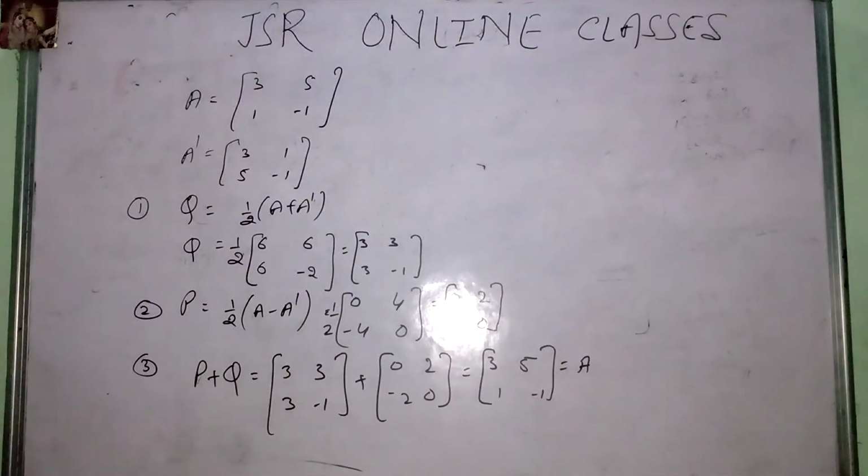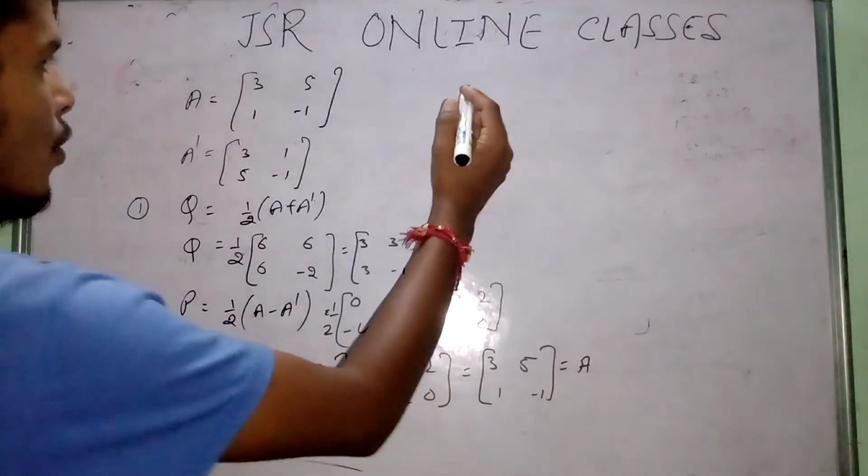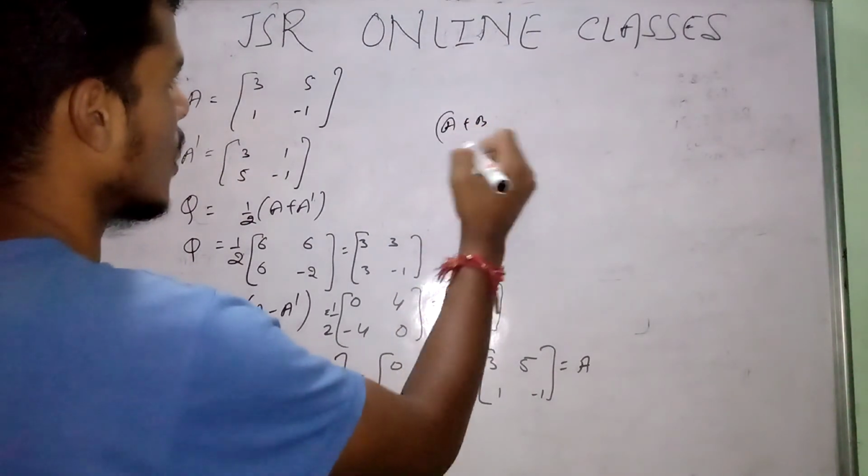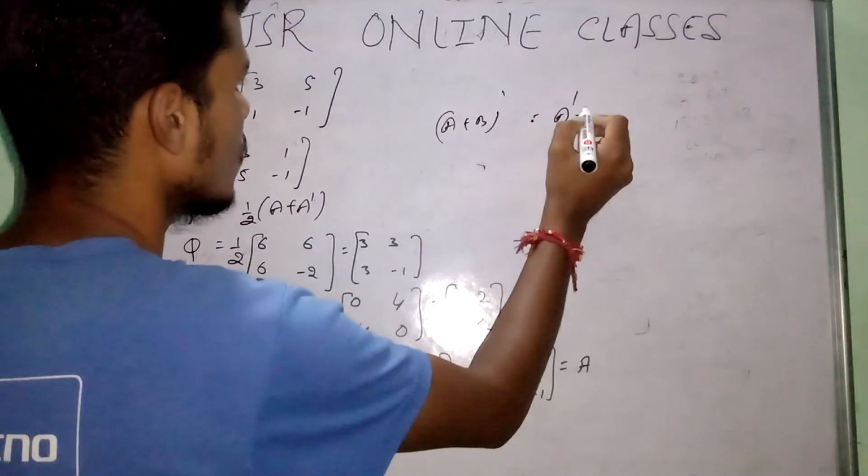So now I'm coming to this exercise 3.3. All the questions you can do very easily. All questions are very easy. There is no question that you can't do. Somewhere you have to show that A plus B whole dash is equal to A dash plus B dash.